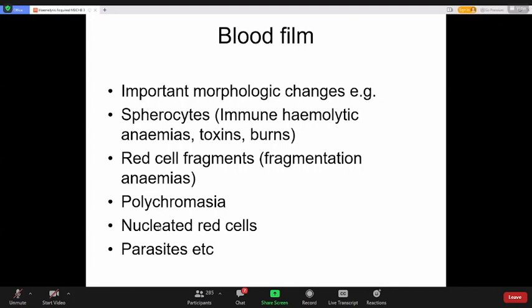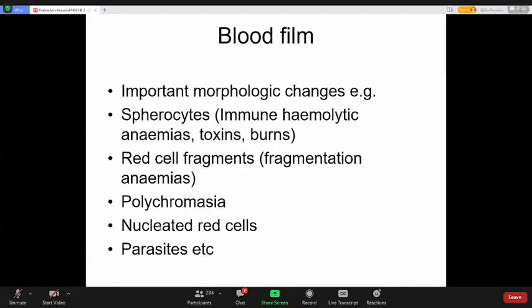Spherocytes occur in immune hemolysis, and I think we showed you pictures of spherocytes, okay? So looking at peripheral blood film gives you evidence of hemolysis, and also can even be diagnostic, like say when you see malaria.